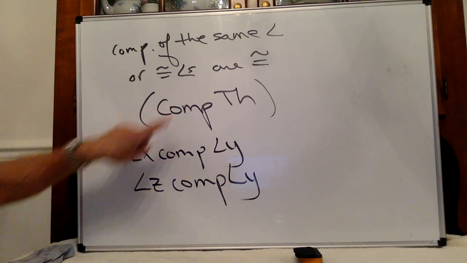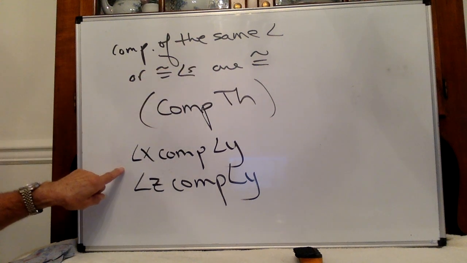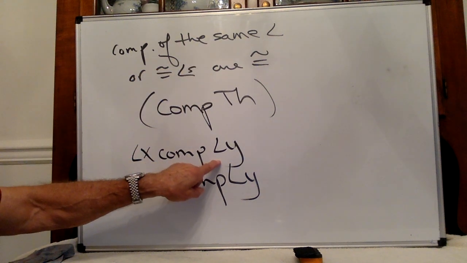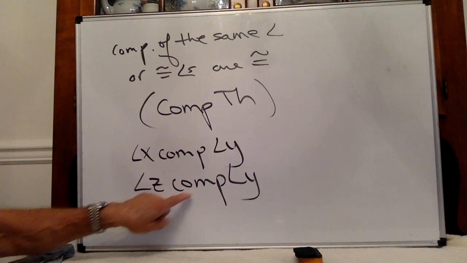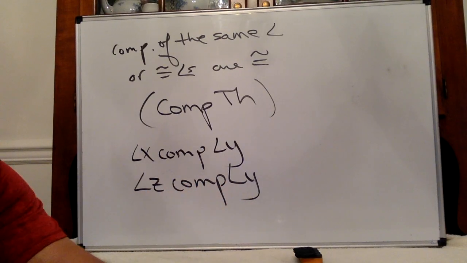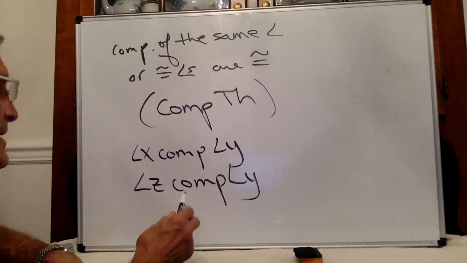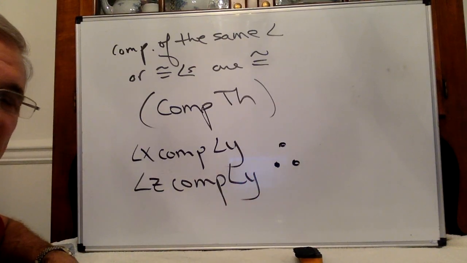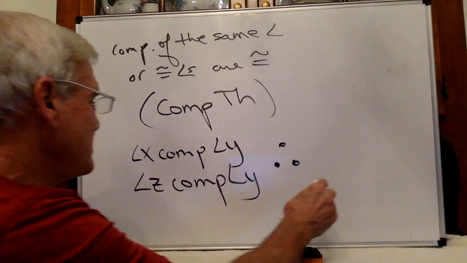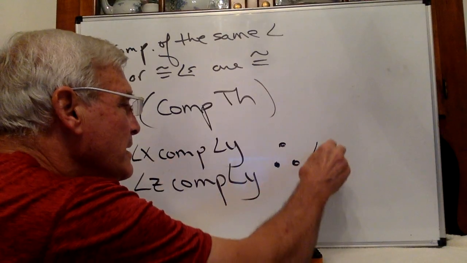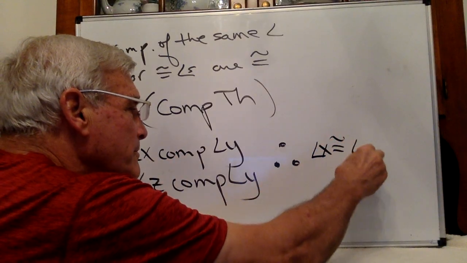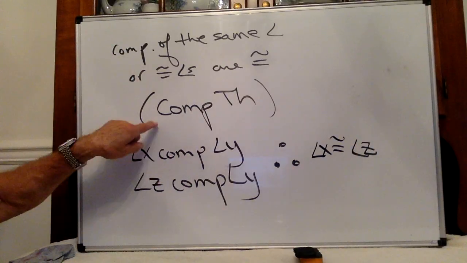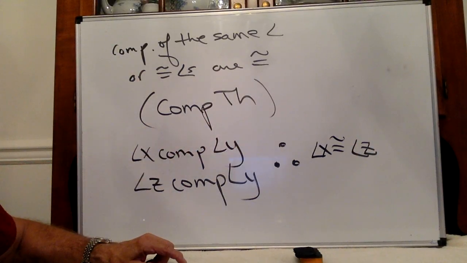Here's a case of this. Here, angle X is the complement of angle Y. Angle Z is the complement of the same angle Y. Therefore, and you're going to see this little thing, if you see a little triangle with the 3 dots, that means therefore, I can say angle X and Z have to be congruent by complement theorem.